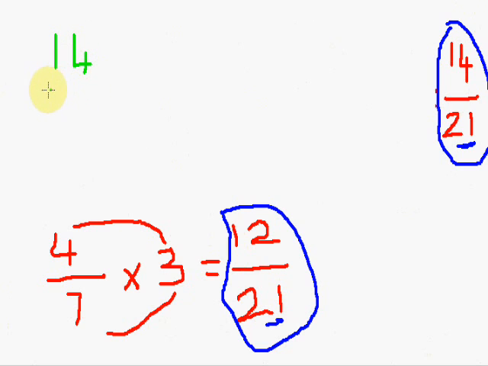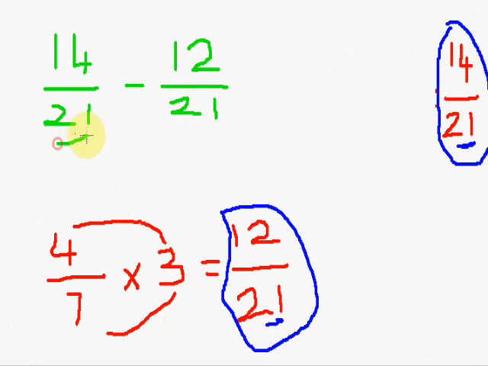So we have 14 over 21 and we have 12 over 21. So we're going to take 12 from 14, and we can simply rewrite the denominator, which is 21.